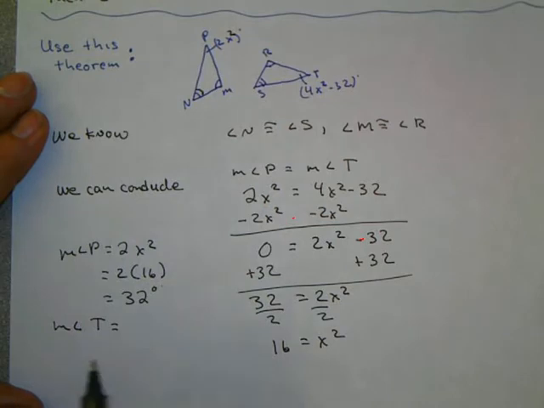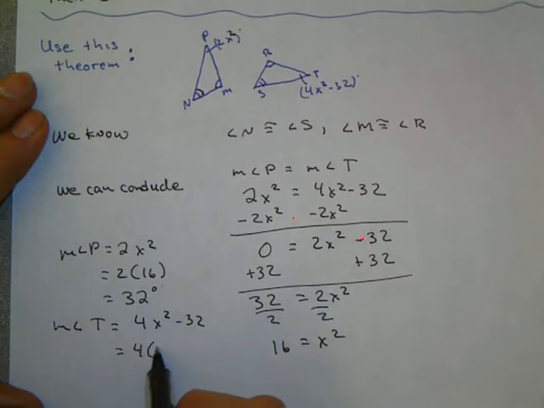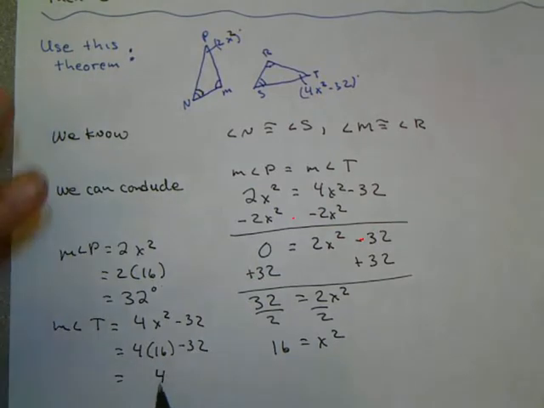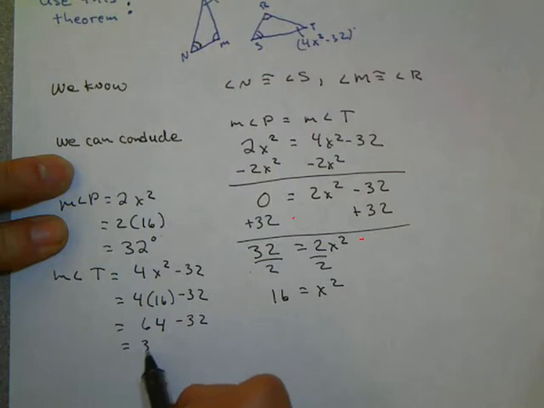The measure of angle T, hopefully, is 32 also because I set them equal. 4 times x squared minus 32. I've got 4 times 16 minus 32. Well, 4 times 6 is 24. Put down the 4, carry the 2. 4 times 1 is 4, 5, 6, minus 32.